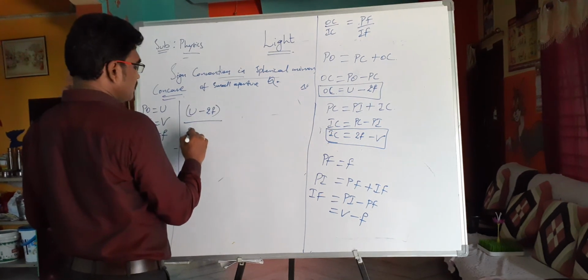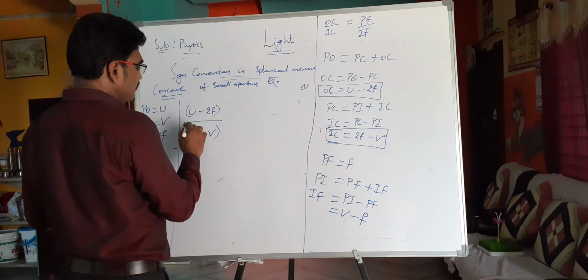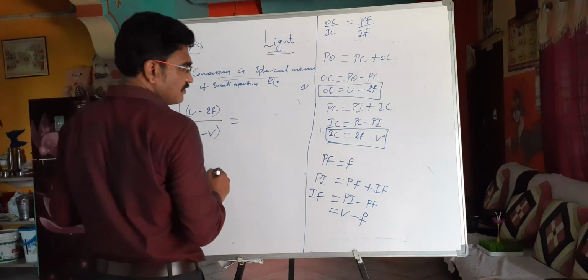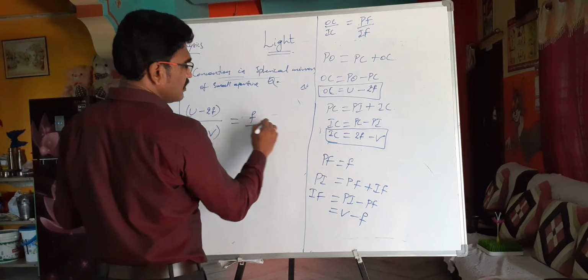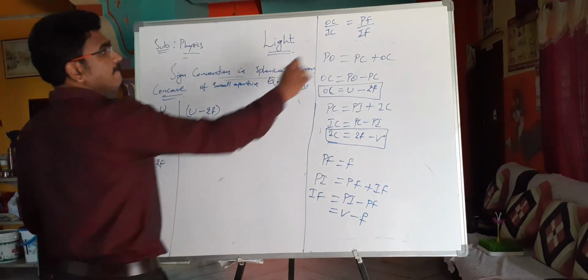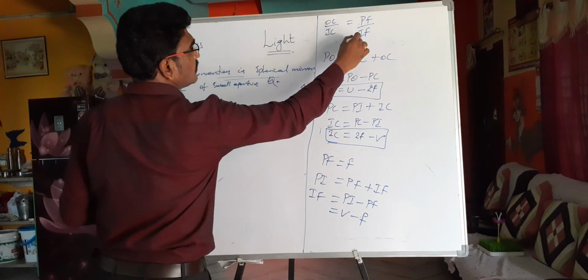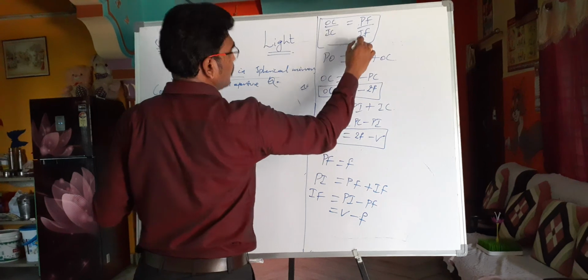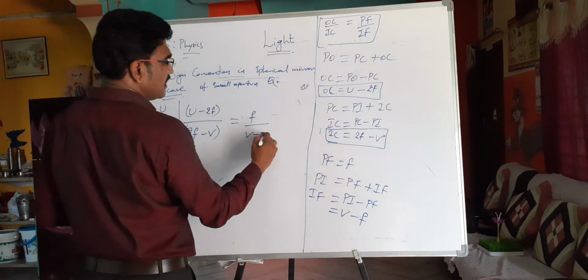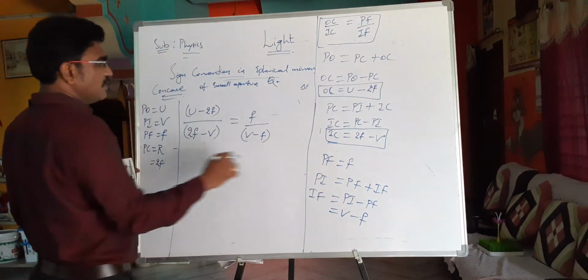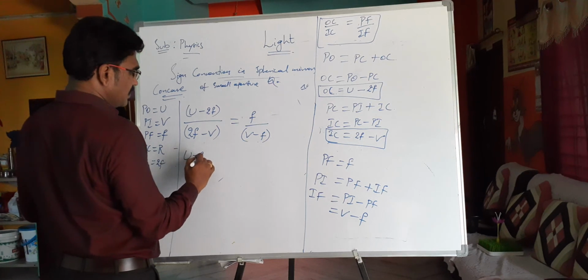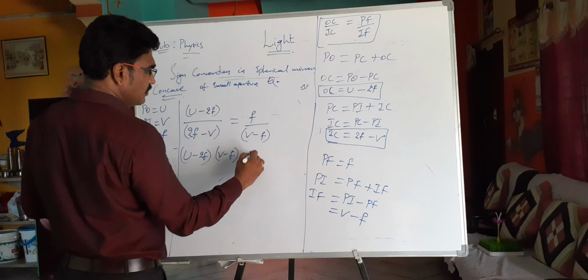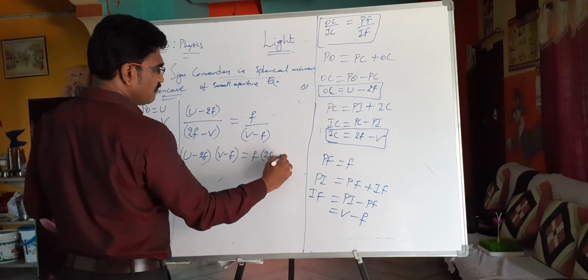IC value is 2F minus V. That is equal to Pf, and Pf value is small f by If. What is If? If value is V minus F. Just cross multiply this. Then you will get U minus 2F into V minus F is equal to F into 2F minus V.